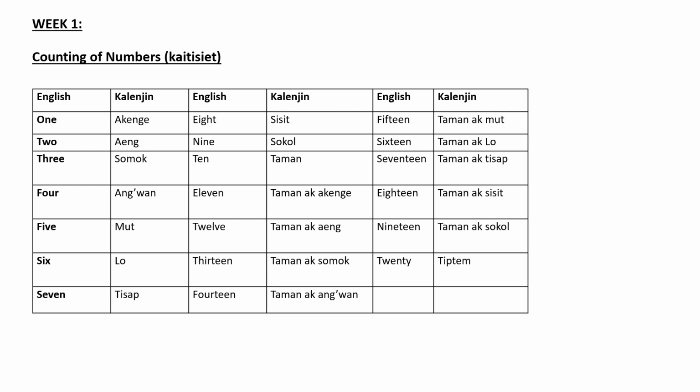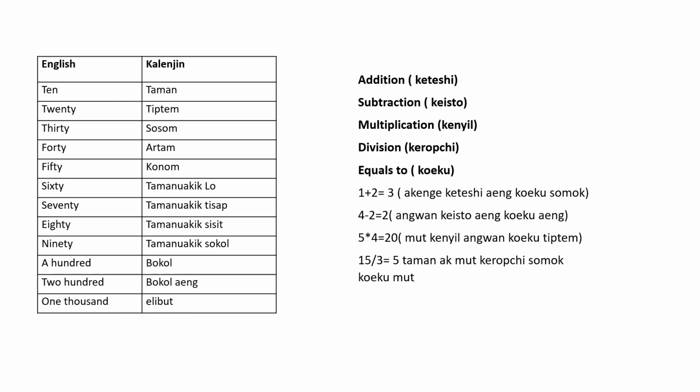All the way forward, and then we go now to 30. In this case we have 10, which is taman, 20 tiptem, 30 is sosom. And we know 1 is agenge, so 31 will be sosom ak agenge. 40 will be artam.